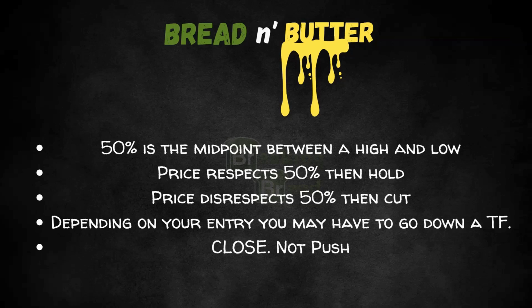And then you can identify should you cut or hold your trade. Like I said, the 5-minute time frame is the lowest time frame I recommend you guys going, though sometimes you can go smaller if you can handle the smaller time frames and you identify what you're looking for. But remember, close, not push.